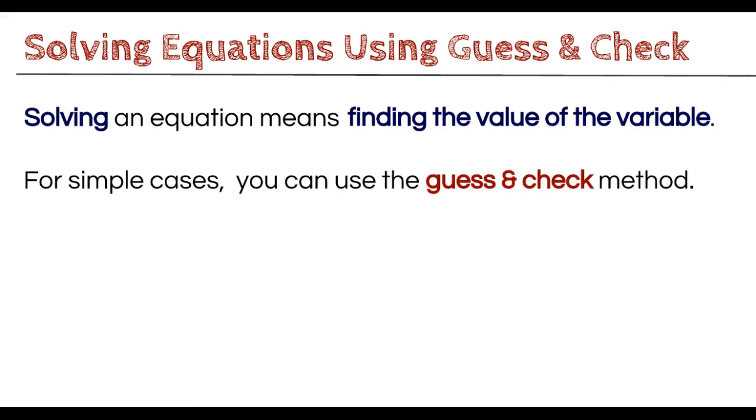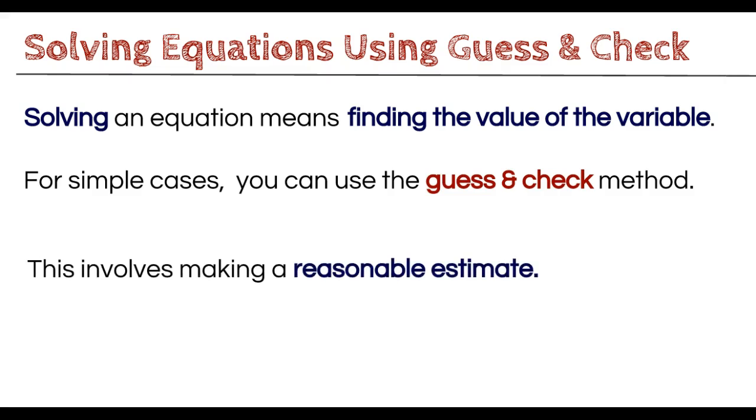So for simple cases, if you're in a jam and you can't remember the algebraic methods to solve an equation, you can always use the guess and check method. In order to do that, you have to first make what we call a reasonable estimate. That means making a decent guess, right?